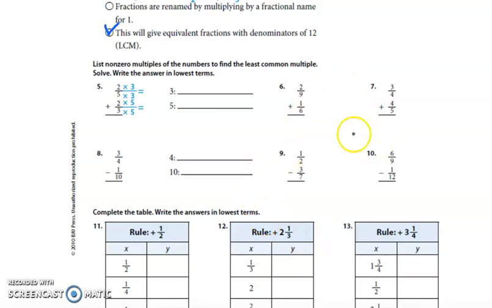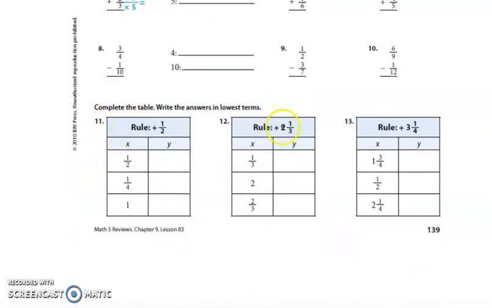This is just addition and subtraction of two unlike fractions. And we need to remember that the first step is finding the lowest common multiple. And for number 11 to 12, we are just going to add. We need to look at the rule and do the calculation.